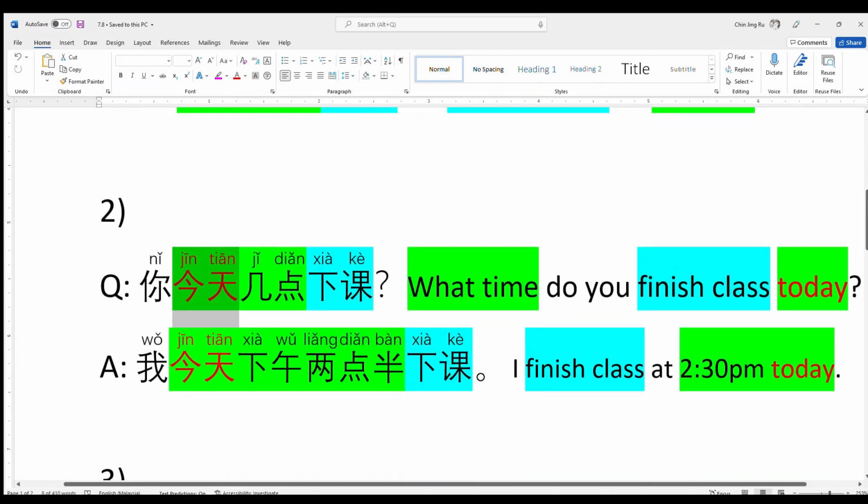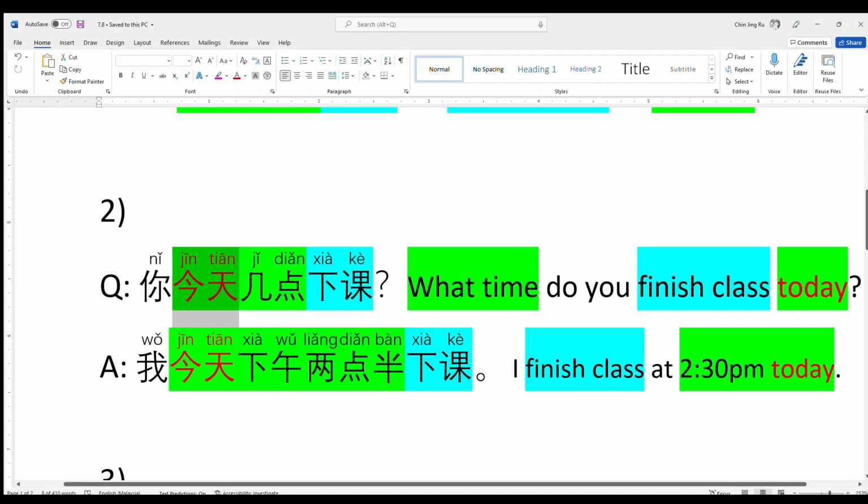So what time do you finish class today? So I will ask 你今天几点下课? Listen and repeat. 你今天几点下课? So you see here, I need to say the day first before I say the time, because the unit of day is bigger than hour, or the time, right?